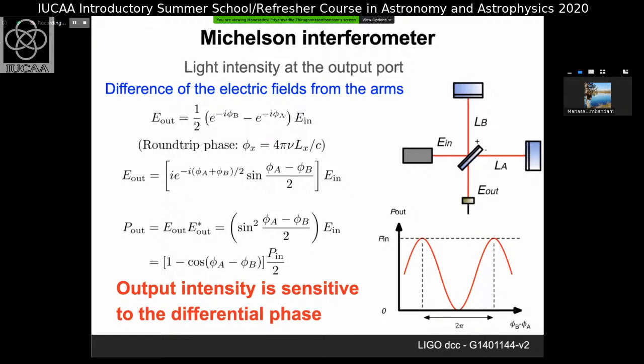So the output intensity is proportional to the differential phase that the interferometer measures. As the differential phase moves over 2 pi, you see the fringe pattern, or the output intensity, going from bright to dark and then to bright. So the whole 2 pi change in tuning the phase of the Michelson interferometer can be seen at E_out.